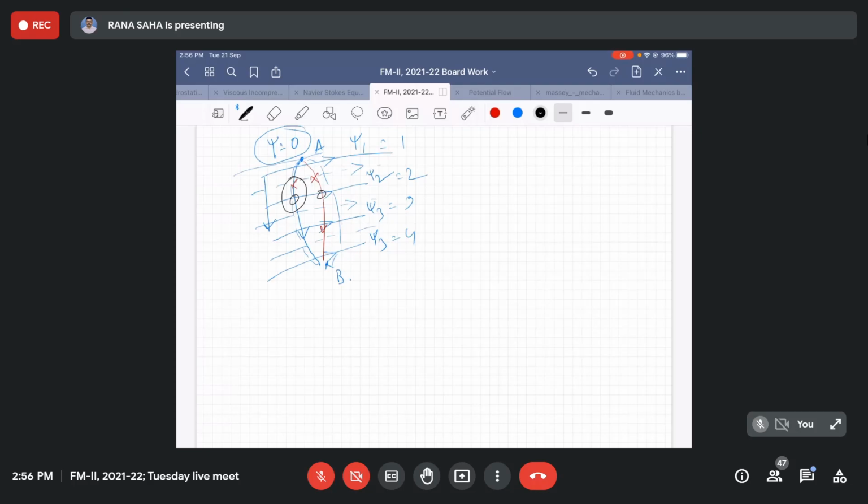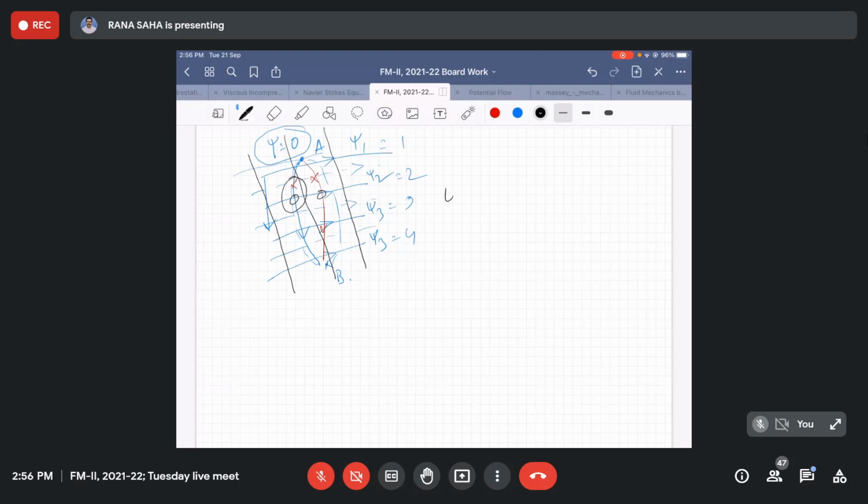In the next part, it is also being shown that for these two functions, the lines where the function values are constant are typically streamlines for stream functions and equipotential lines for velocity potential.